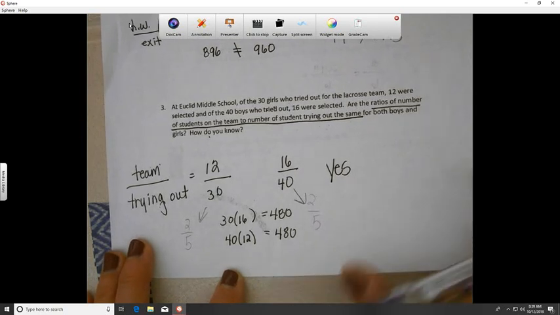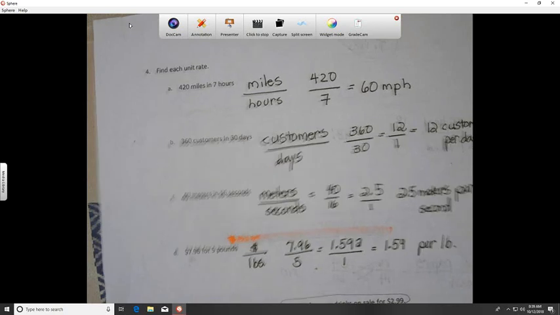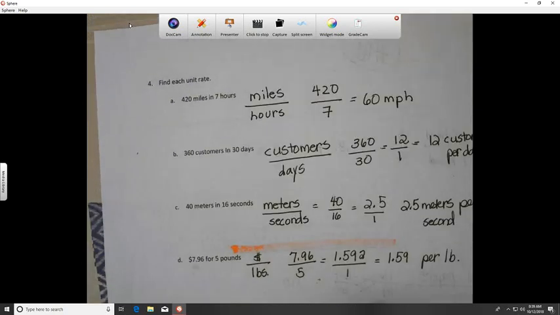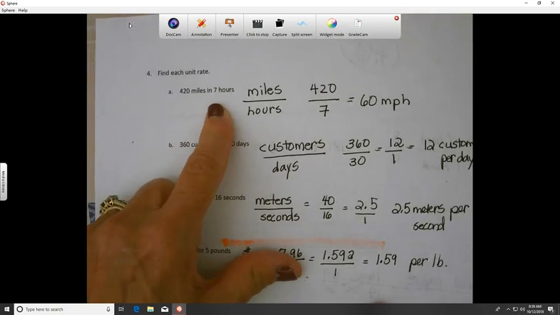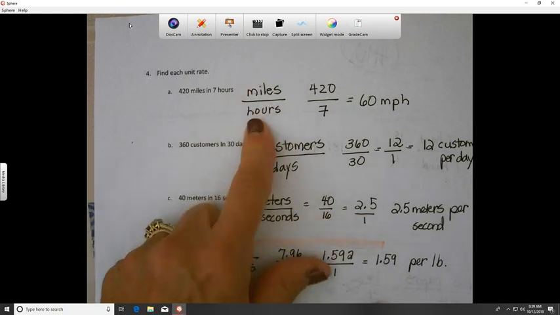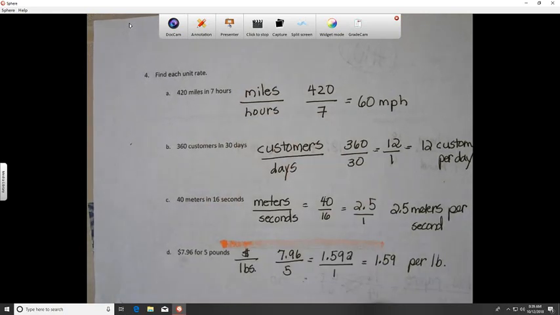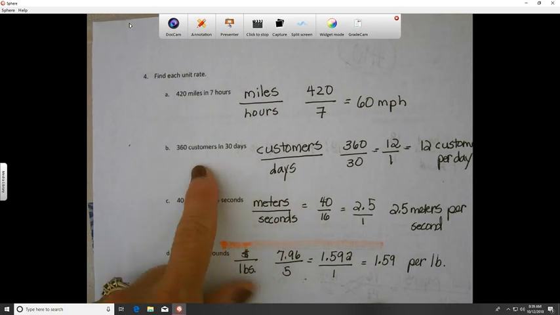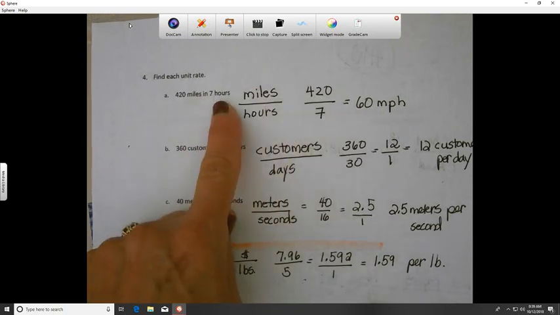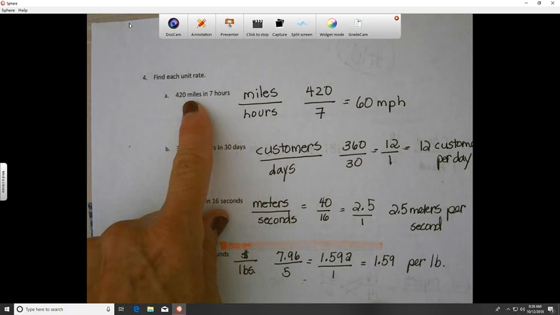Okay. On the back, again, the way it's written is the way you put your math down and then fill your numbers in. So you can check those over, miles over hours, because miles comes first.